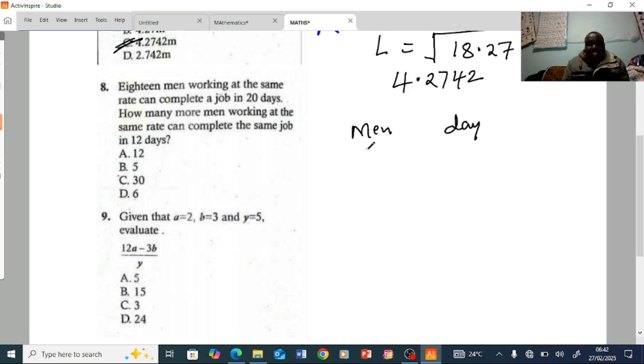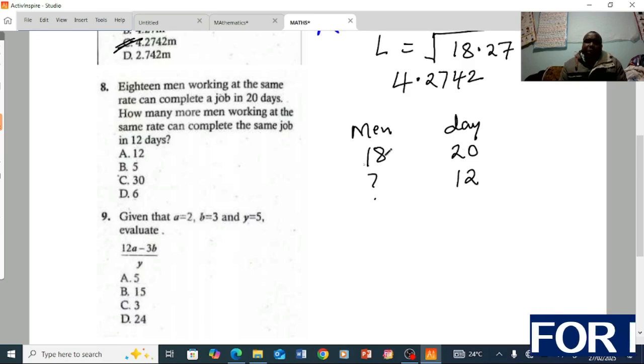So we have 18 men working at the same rate to complete a job in 20 days. How many more men will complete the same job in 12 days? So the question is on men. How many men do we need?